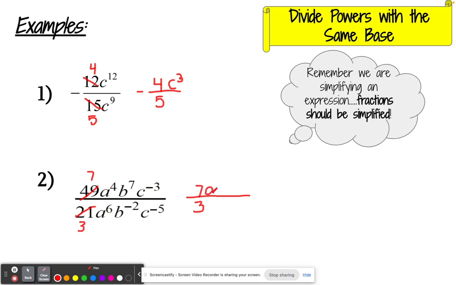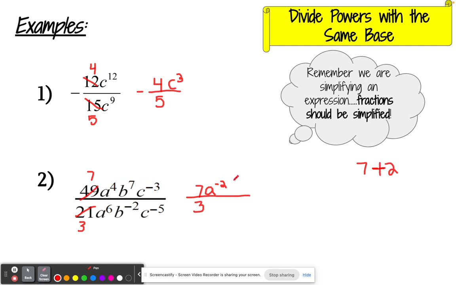I'm going to write them all on top to start with so I can figure out which ones need to go downstairs. Now I have 7 minus negative 2. Think about that. 7 minus negative 2. Remember, minus negative becomes a plus.